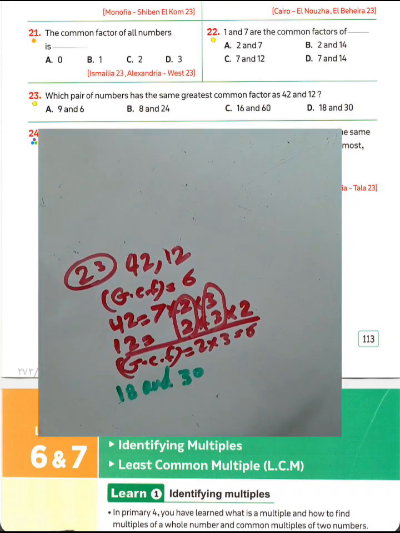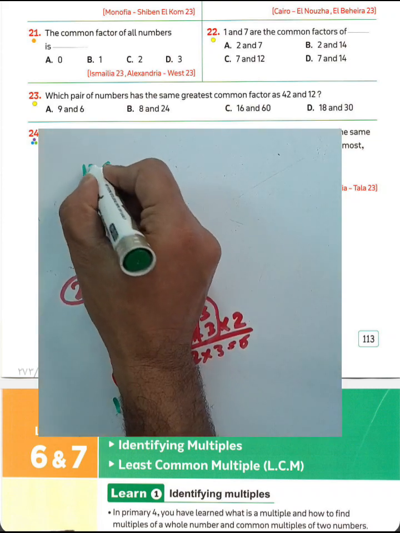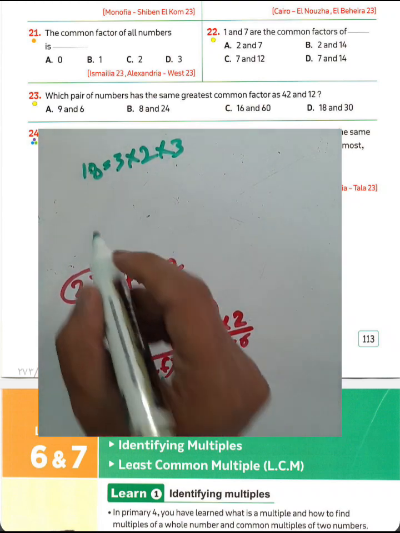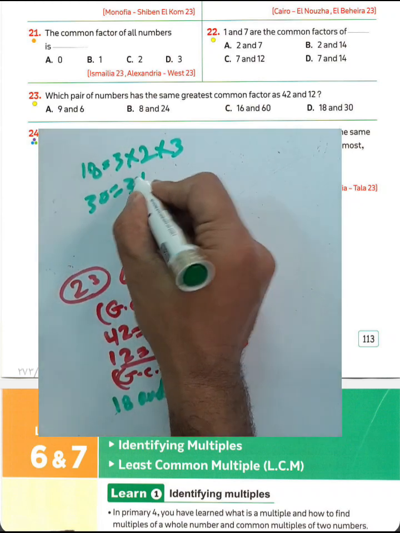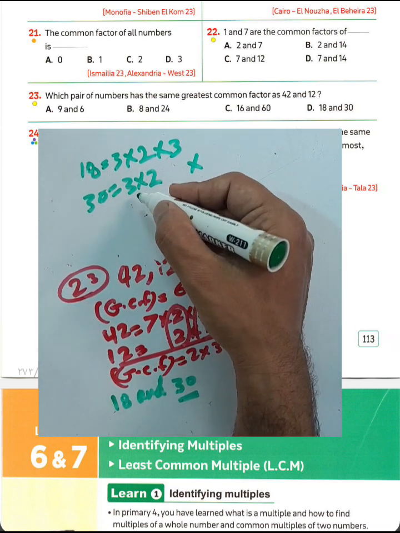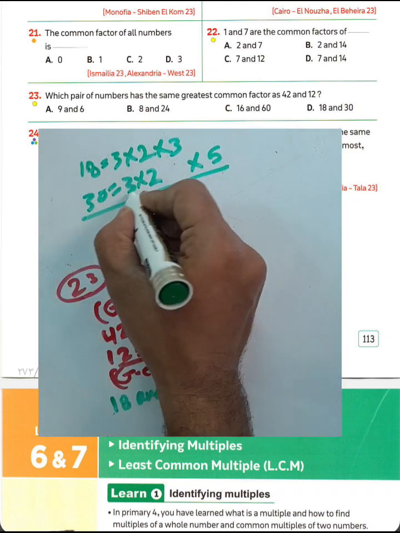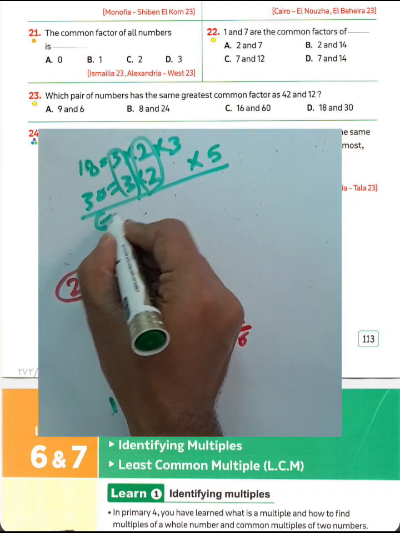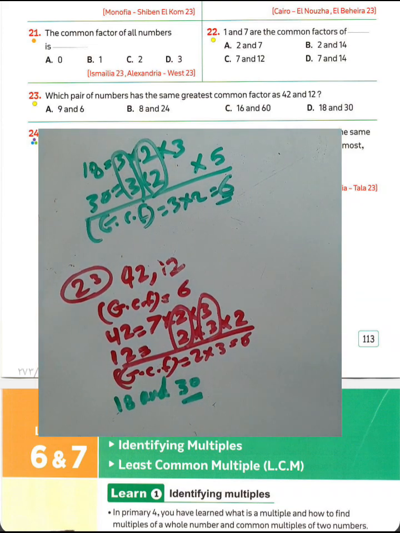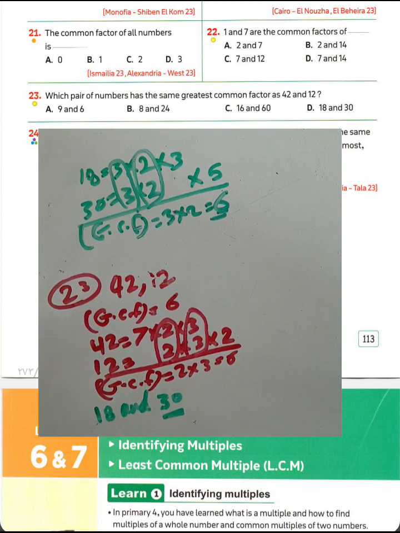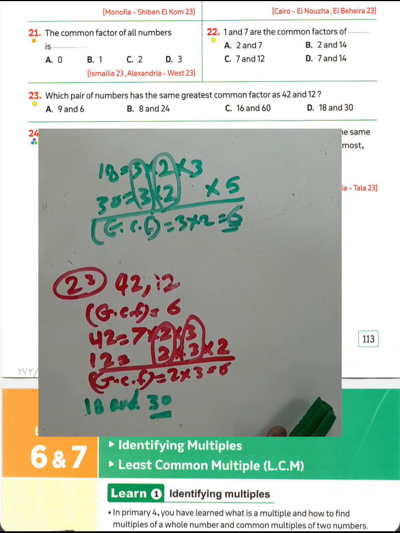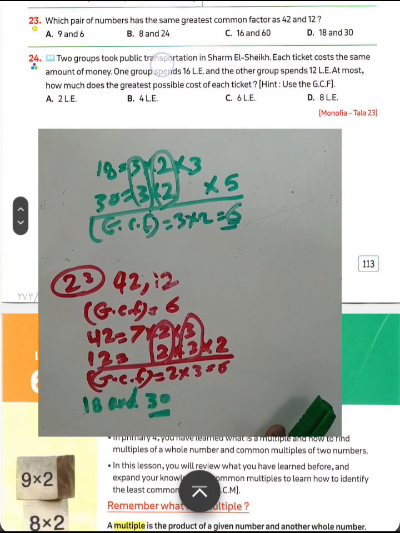We know 18 equals 3 times 6, and 6 equals 2 times 3. And 30 equals 3 times 10, which is 3 times 2 times 5. 3 times 2 equals 6, and 6 times 5 equals 30. Then the greatest common factor between them will be 3 times 2, which equals 6. So for question 23, choose letter D.